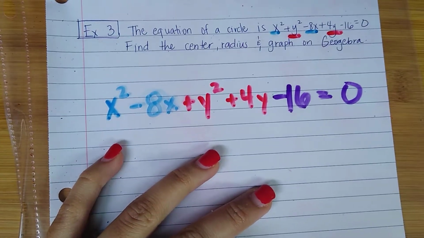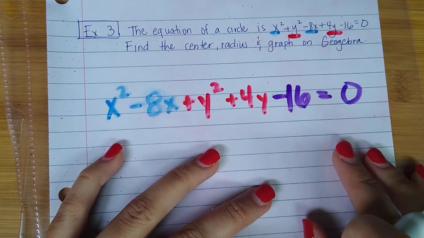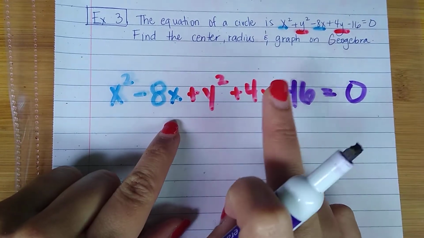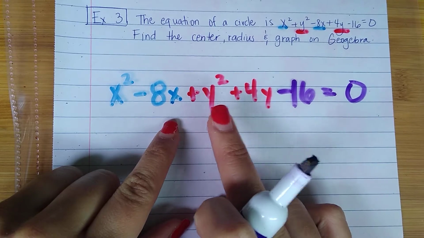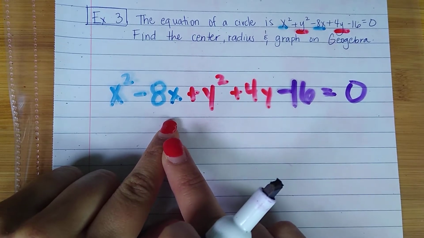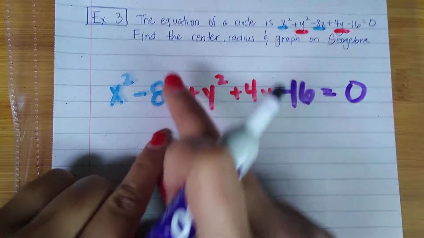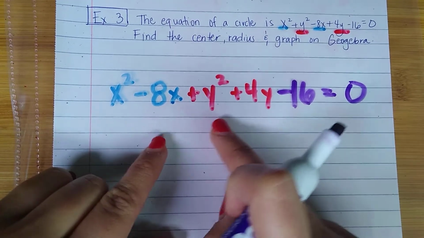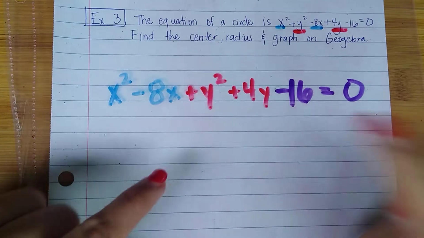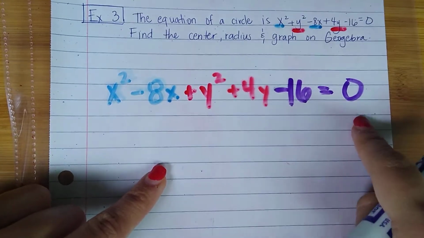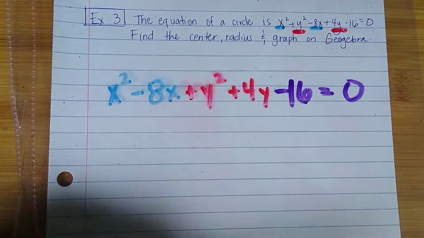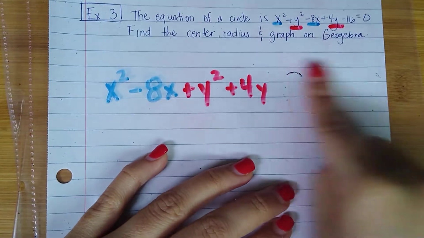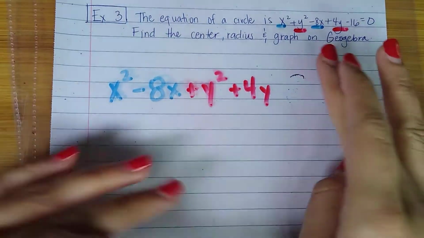So now what you notice here is that we're actually going to have to do something that you learned back in middle school, which, the way that it's set up, looks like completing the square. And by that I mean we're going to move this constant over to the right side. So I'm going to add 16 to both sides.